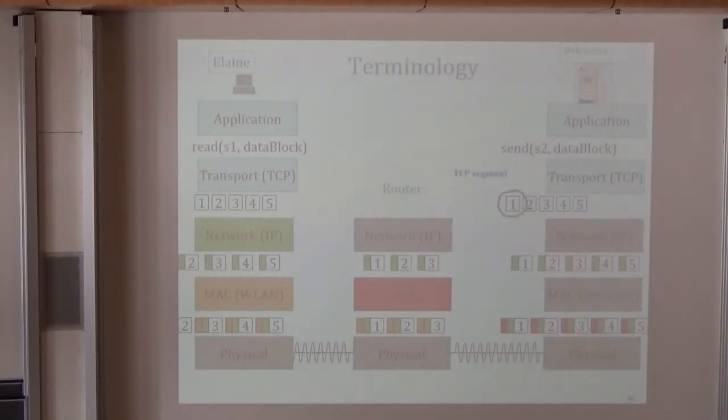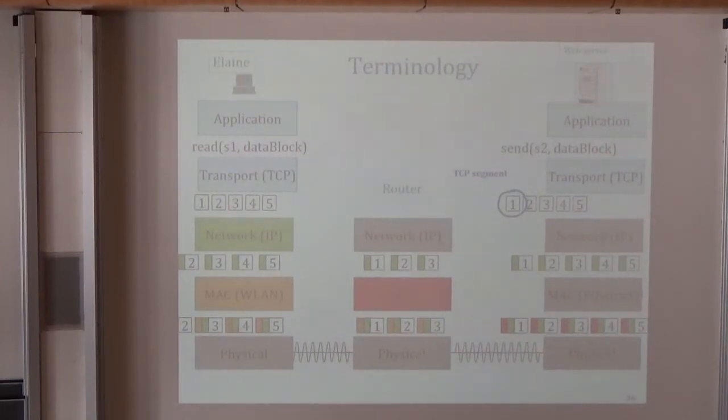A bit of terminology. The different packets that we see are called different names depending on where they are. A packet that is created by TCP and sent to another TCP peer, so from the viewpoint of TCP, the web server is talking directly to Elaine. The router is invisible.